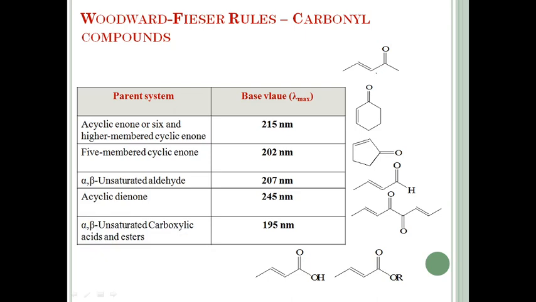For the carbonyl, between the alpha and beta position we have unsaturation. So the compound is known as an alpha beta unsaturated carbonyl compound.